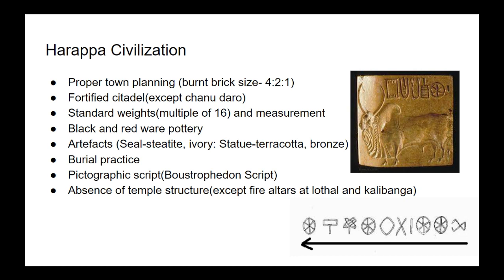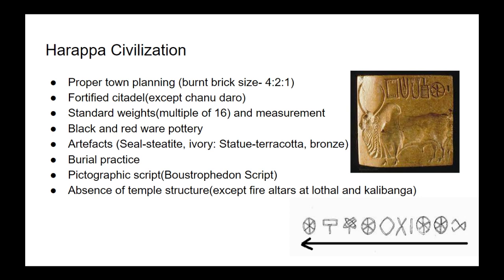And in every site we found a fortified citadel, except at Chanhudaro only. And these Harappan people used standard weight and measurement across all the sites of Harappan Valley civilization. And at that time, black and red ware pottery were prevalent.